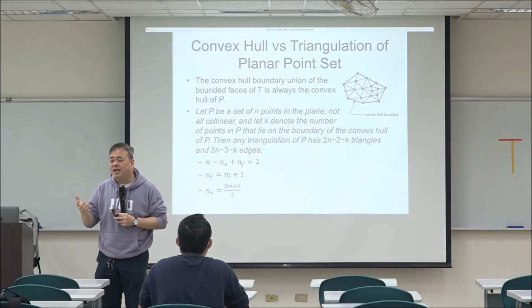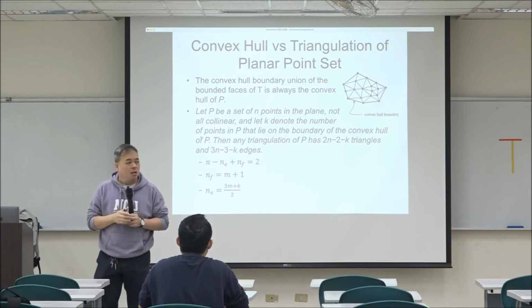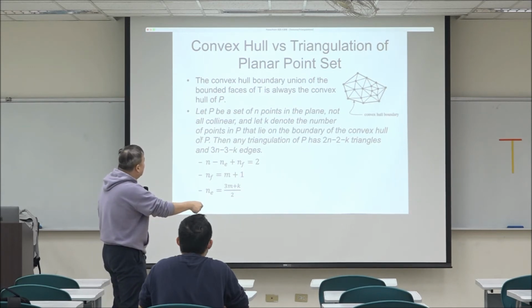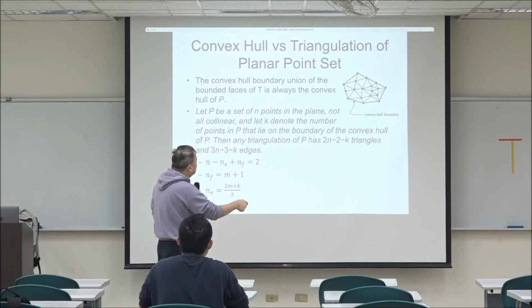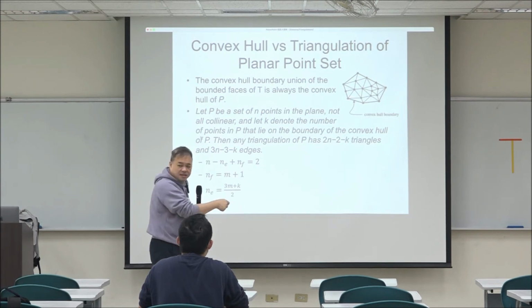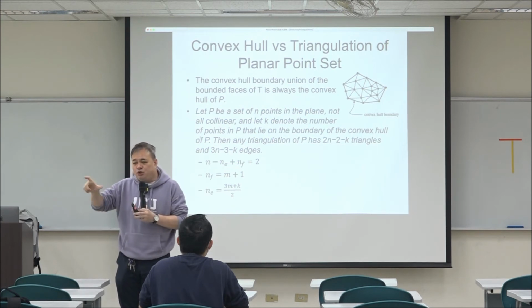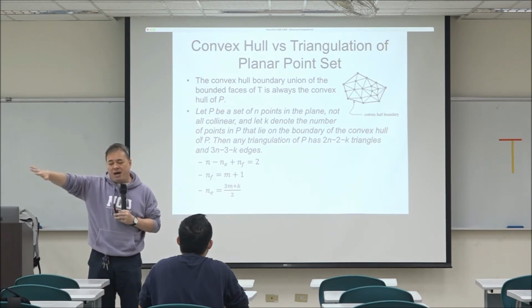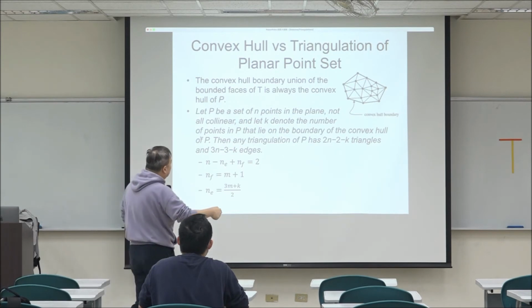What are the edges that will be counted only once? These are the edges that appear in the convex hull, because only one triangle will count this edge, once. Now, we want every edge to be counted twice so that we add them up and divide by 2 to get the number of edges.